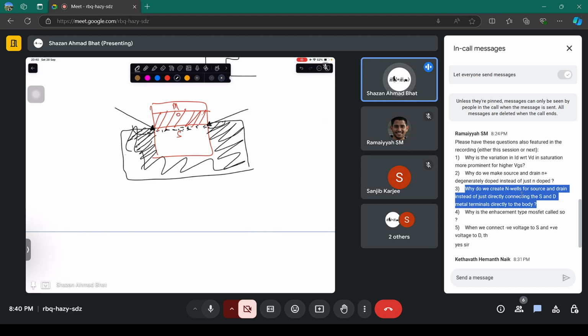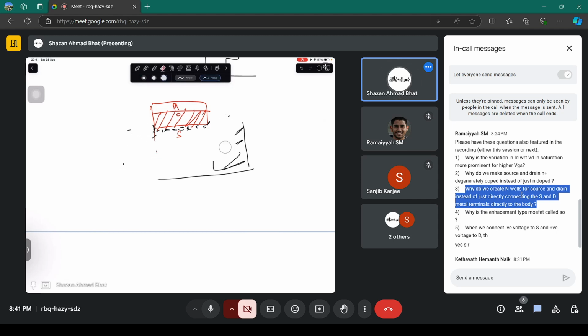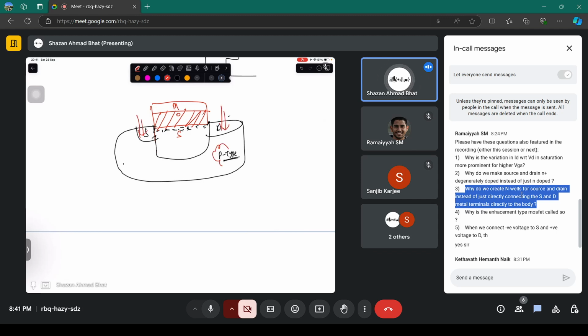If this is overall metallic, it will be highly conductive. You see that this is not feasible. Why? Because these source and drain regions are part of this p-type substrate, made just by doping these regions highly. If you make the entire thing metallic, it will be conductive.